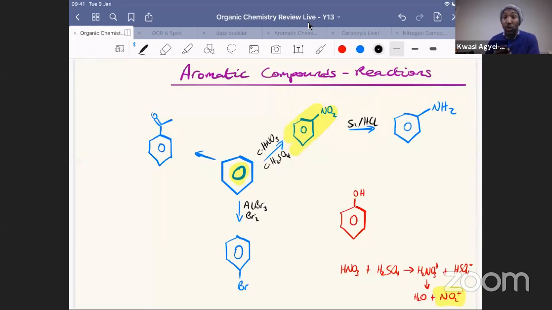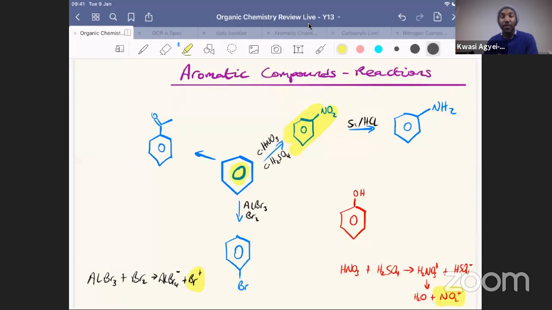So just as we saw with the formation of the NO2+ electrophile, we need a Br+ electrophile so that the pi electrons of benzene can actually attack that electrophile. So if we write an equation there, we're going to have AlBr3 plus Br2 going to AlBr4- and Br+. Okay, and if we highlight the electrophile, it is this Br+ species.